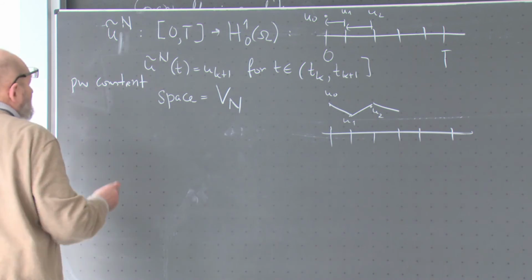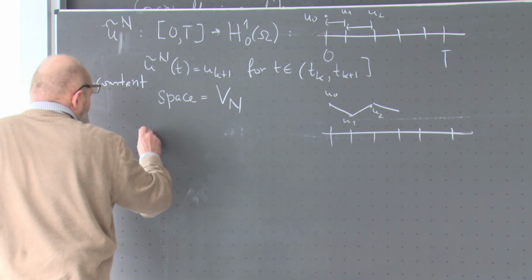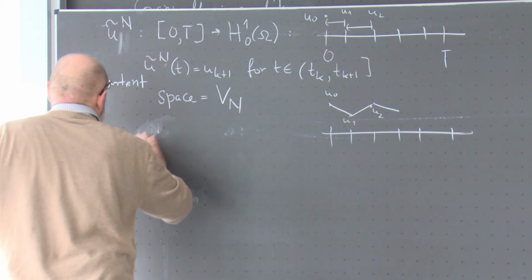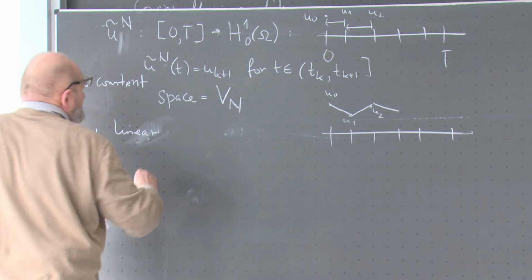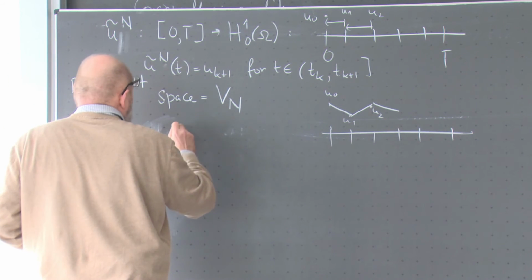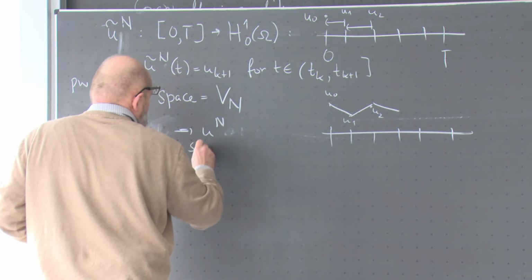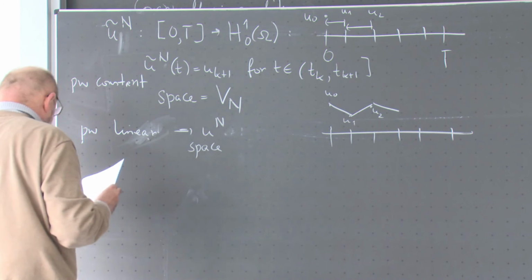And now we make it piecewise linear. Then we get the function u_n, so you have to distinguish between these two functions. Piecewise linear leads us to u_n. The space we will call later on W_n.